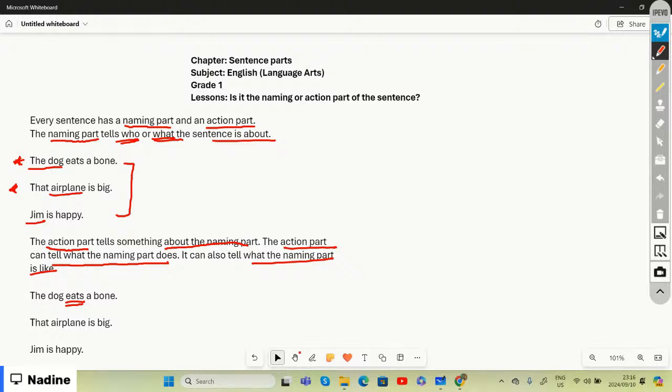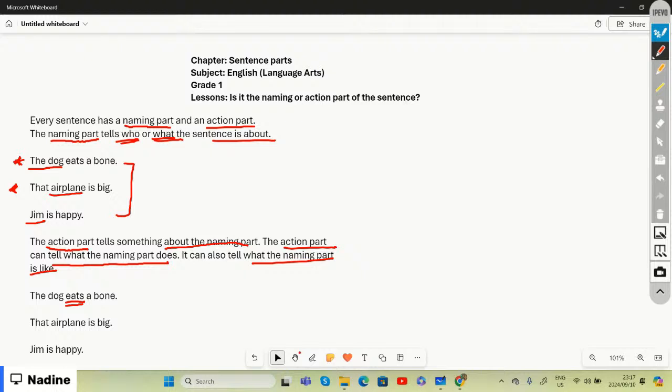Look at the next one. The next one says the airplane is big. The naming part is the airplane. Remember, we said that the action part either tells us what the naming part is doing, or it's telling us what the naming part is like. So it says the airplane is big.